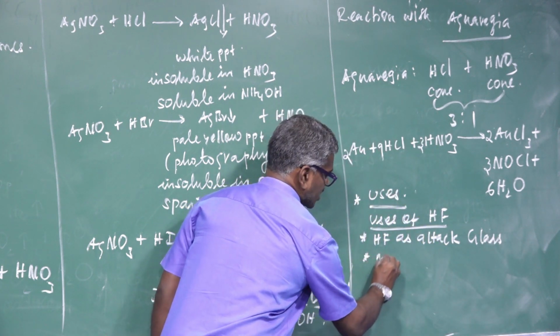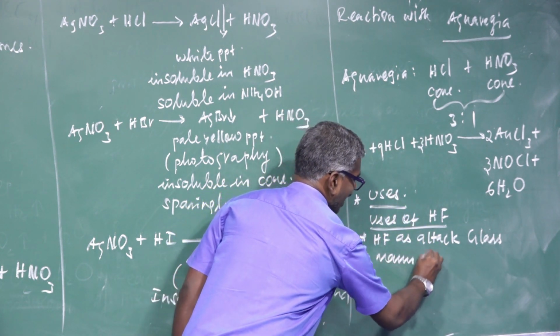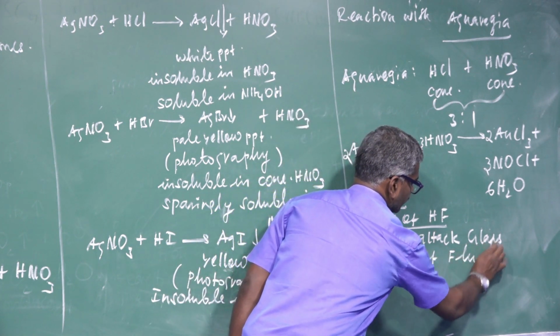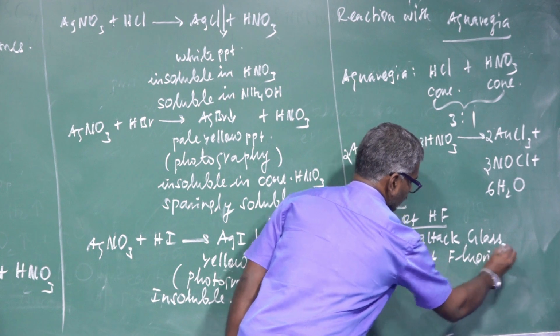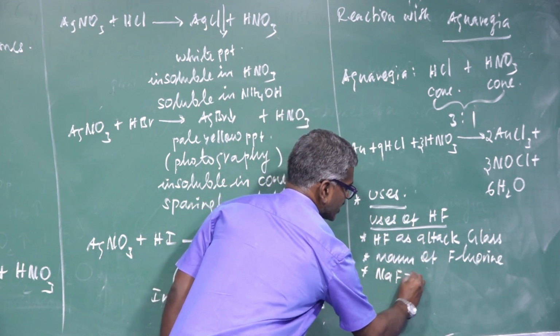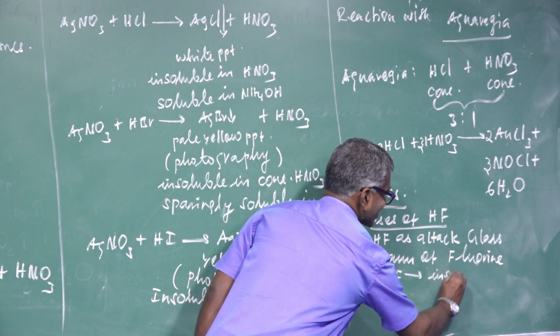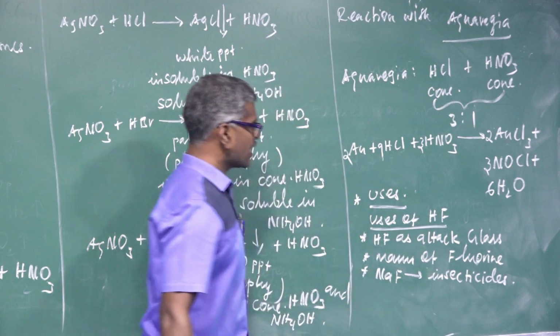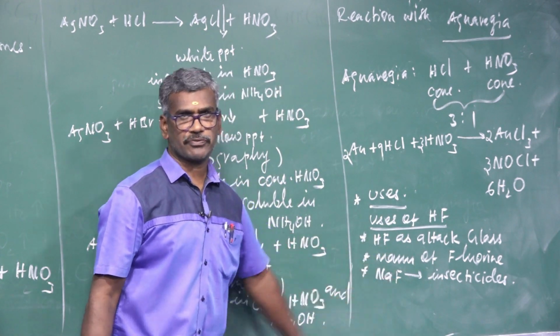Next, HF is used in the manufacture of fluorine. Another one, NaF is used as an insecticide. These are the uses for HF.